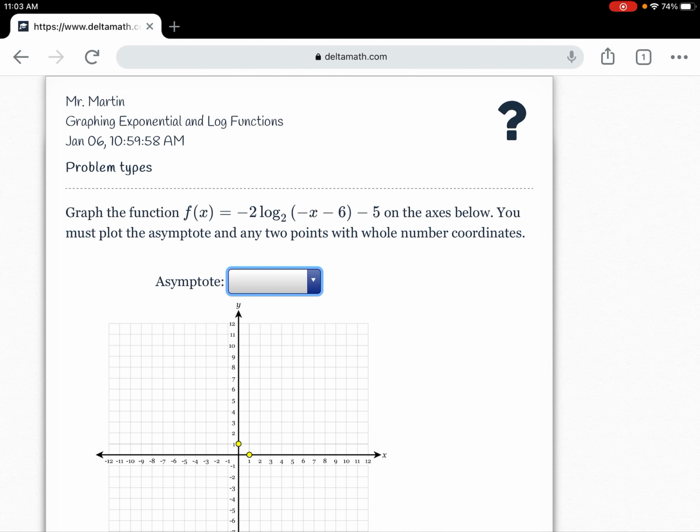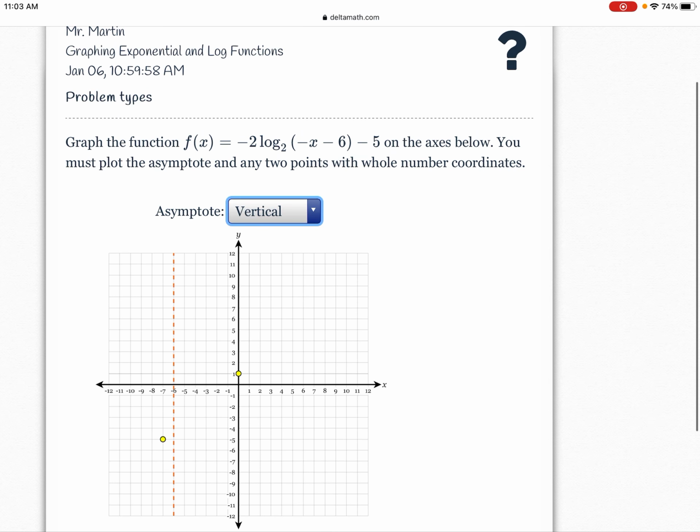A vertical asymptote of x equals -6. And then the two points were (-7, -5) and the other point was (-8, -7).